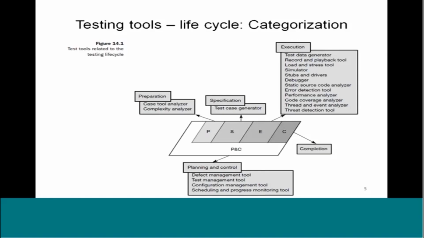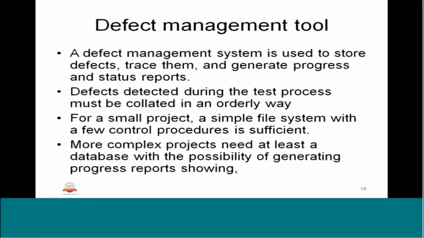We'll try to quickly understand each tool, such as planning and control. There is a defect management tool. A defect management system is used to store defects, trace them and generate progress and status reports. Defects detected during the test process must be collected in an orderly way. It should be organized properly.